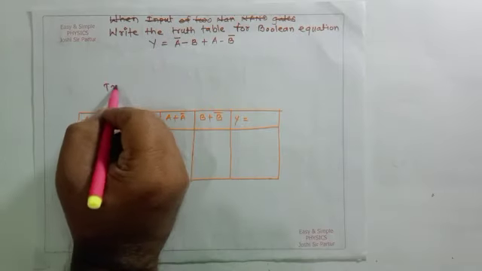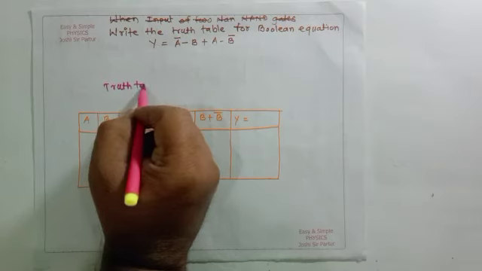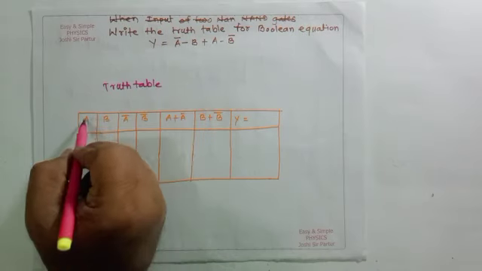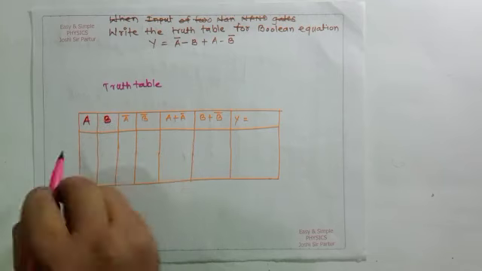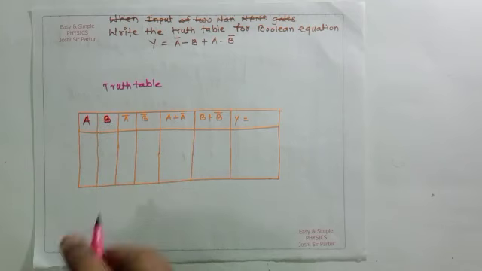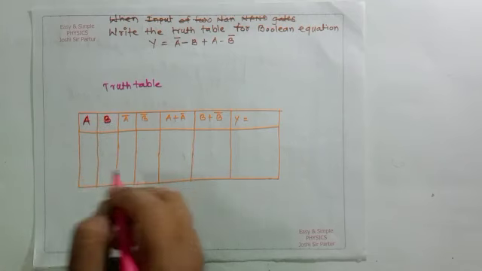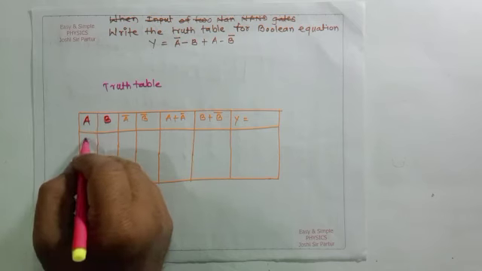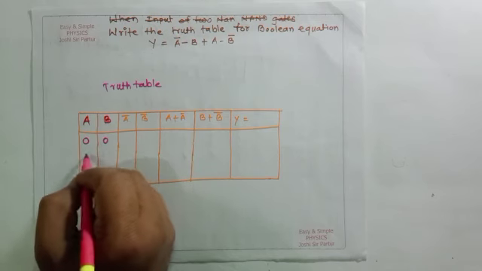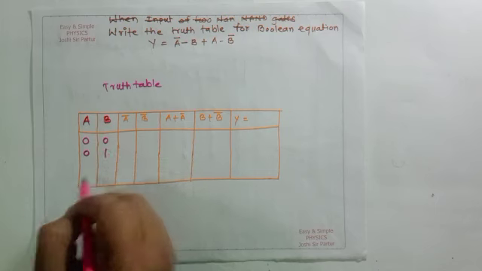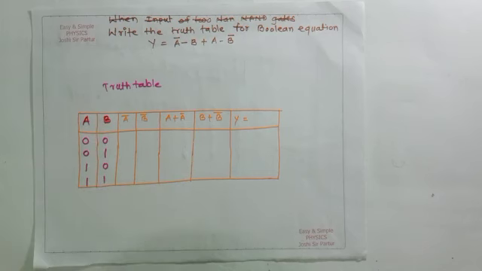See here, the truth table has inputs A, B. A and B have four possibilities: low low, low high, high low, high high.